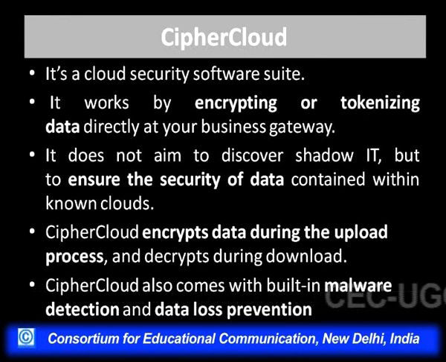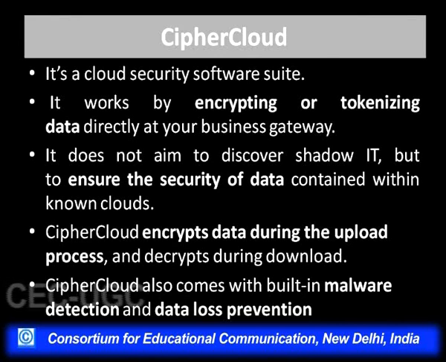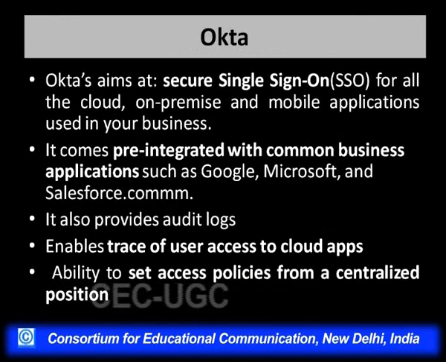It encrypts your data during every upload session, and whenever you are downloading, it also decrypts your data. It also comes with built-in malware detection and a data loss prevention tool.